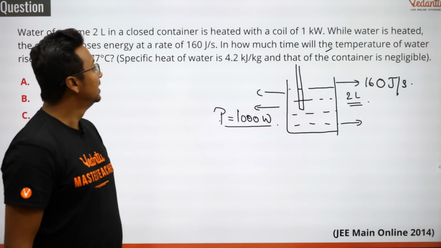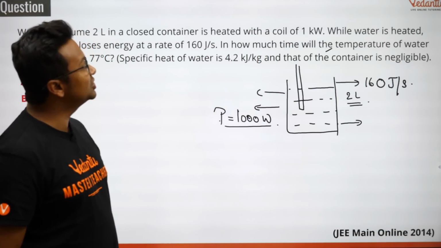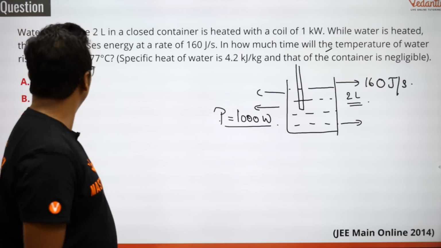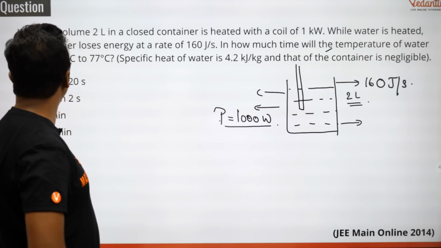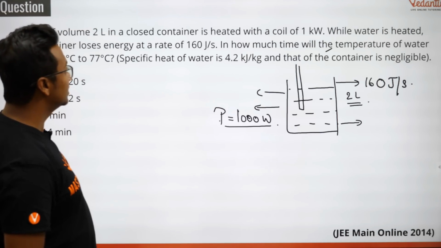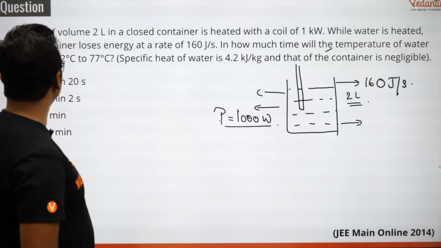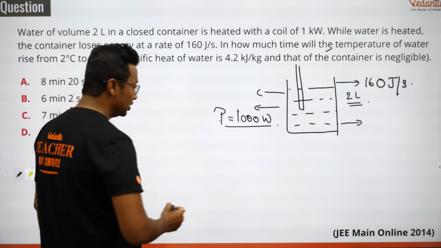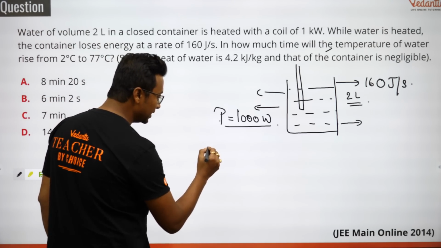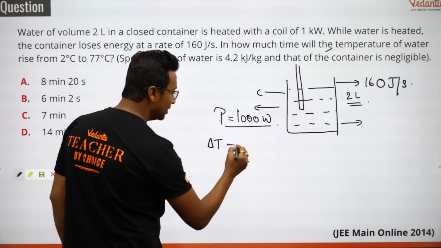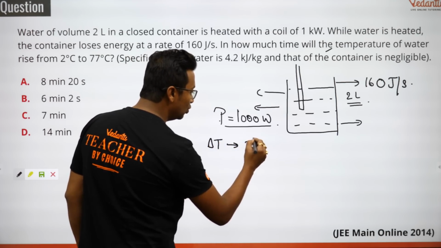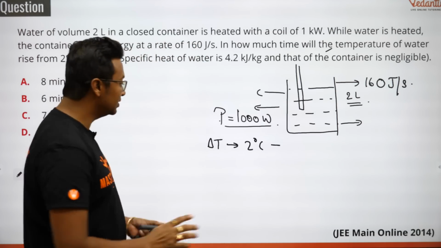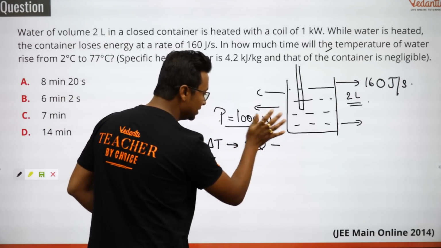Now they are asking us in how much time will the temperature of the water rise from 2 degrees centigrade, or let's say, to 77 degrees centigrade. Clear? So the change in temperature, that is your delta T, is from 2 degrees centigrade to, I beg to differ, students, there is a slight correction here.